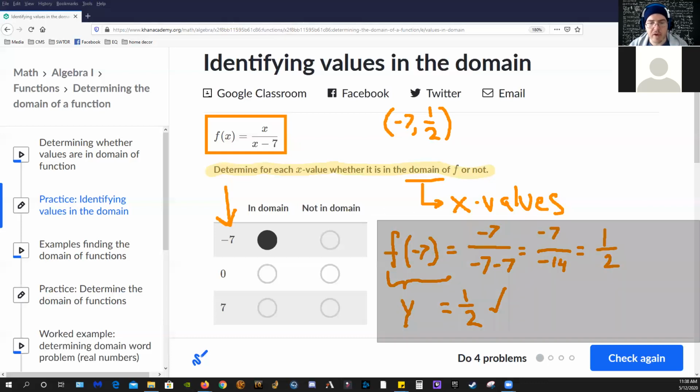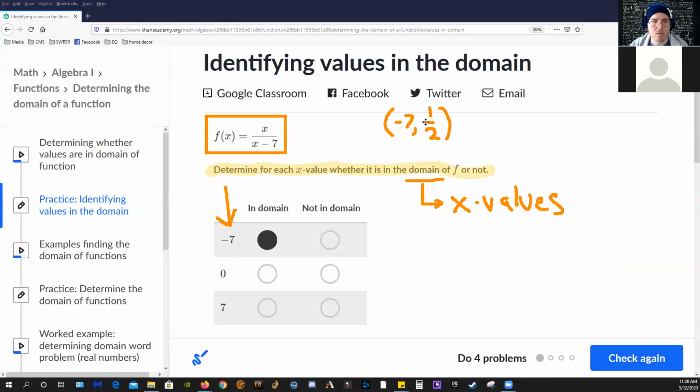Okay, so now we're going to rinse and repeat that exact same process for these other values of x. So let's do a different color. Same process. So f of x, the function when x is equal to 0, would be 0 divided by 0 minus 7. Well, that would be 0 divided by -7.